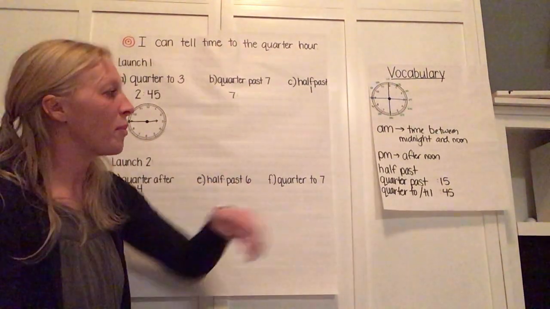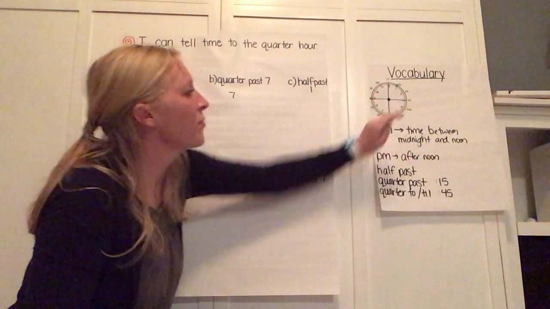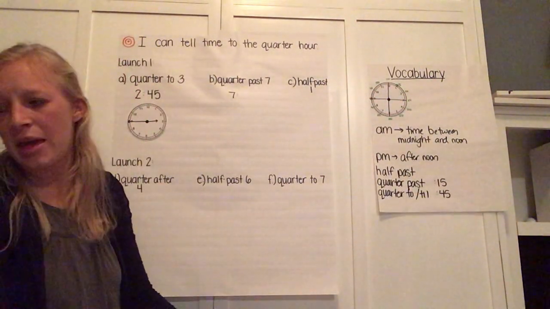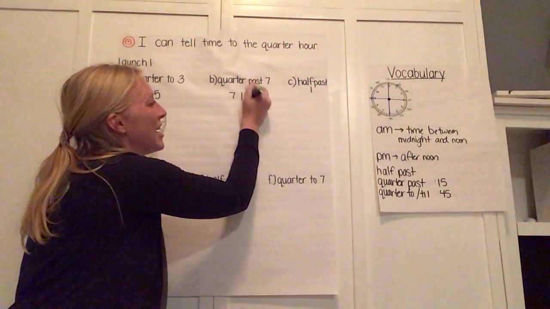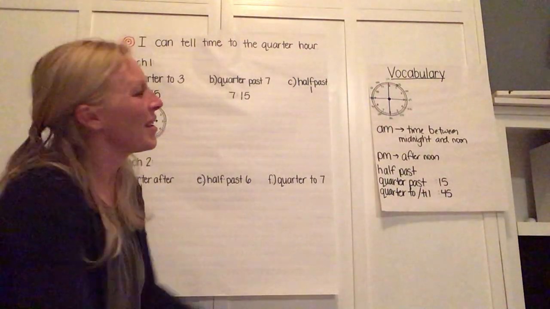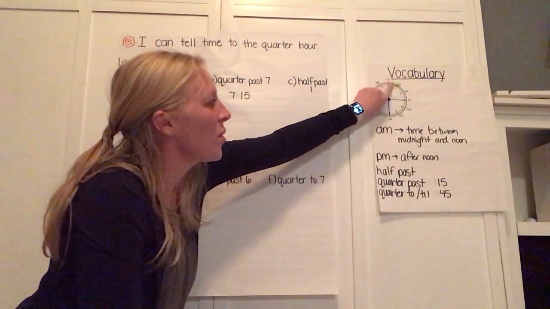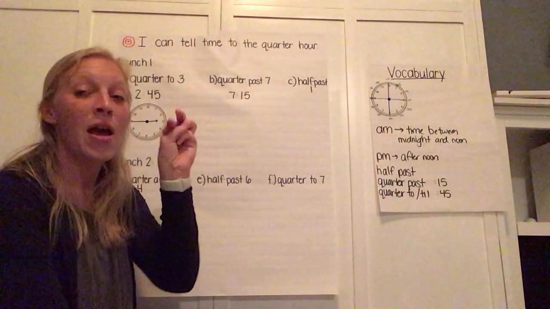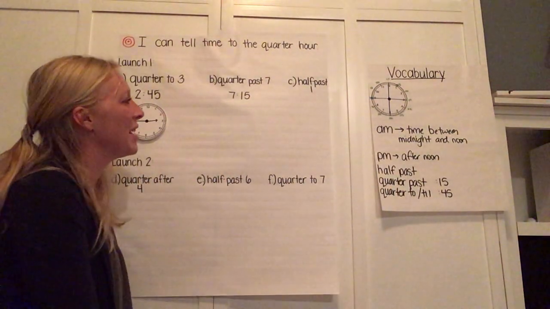Because it's just a quarter past. So it's only gone that first chunk, right? So the hour is the 7. What would the minute be? Why would it be 15? Because when you've gone a quarter past, you're going to the 3, and when you count by 5s, 5, 10, 15, you land on that 15 minute.